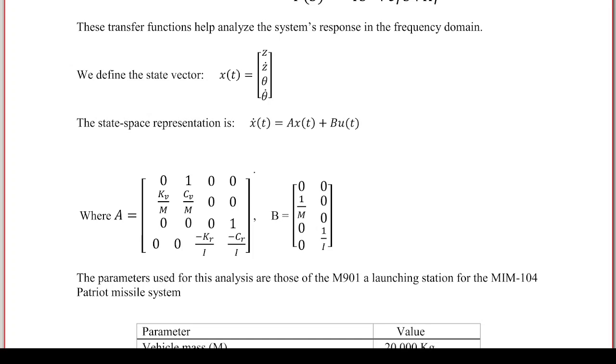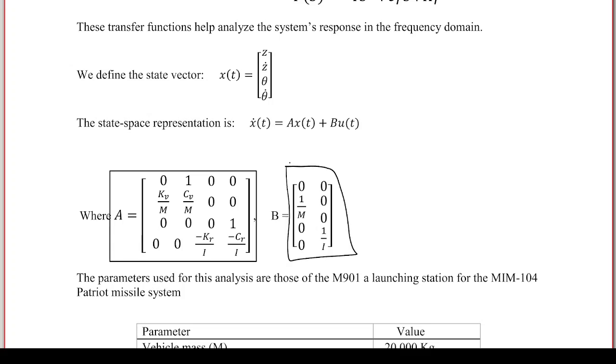We also computed the state space representation, s dot(t) equals A s(t) plus B u(t). Here is the matrix of our parameters A and B. These are written down.